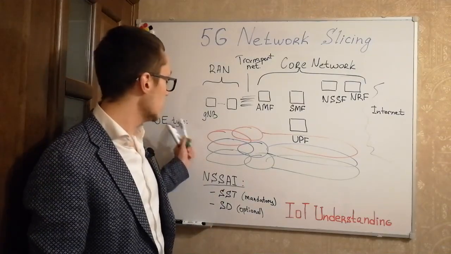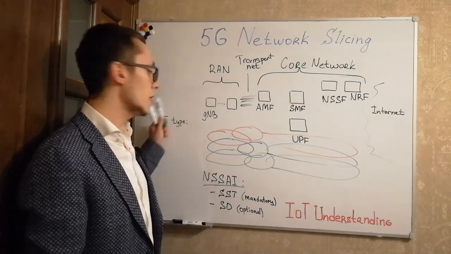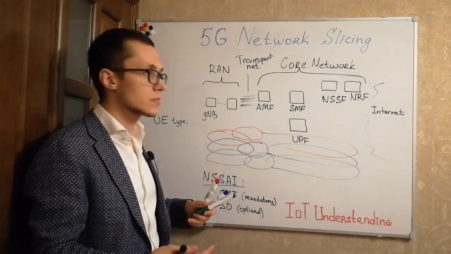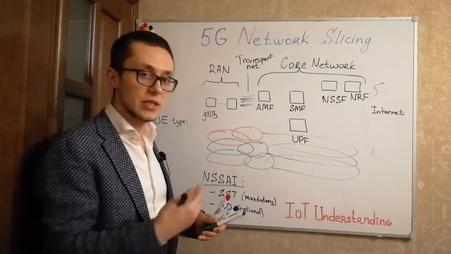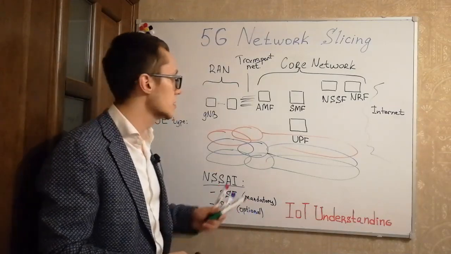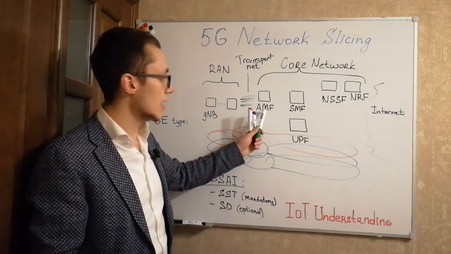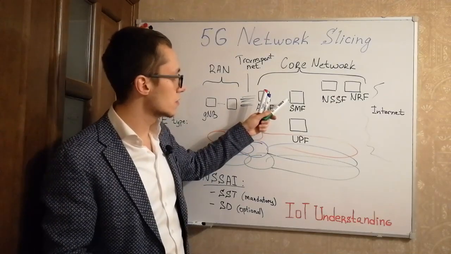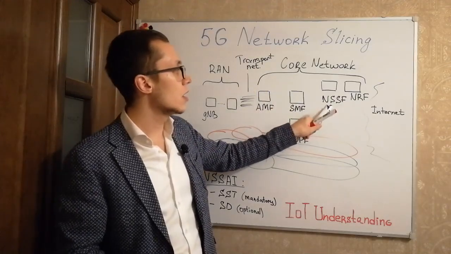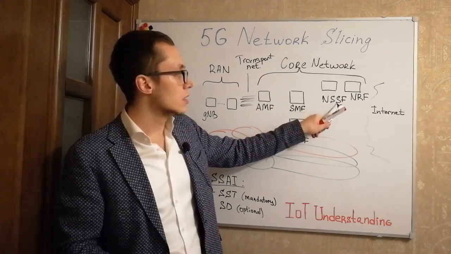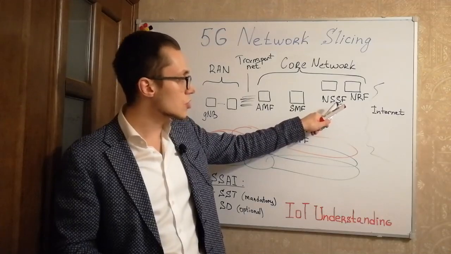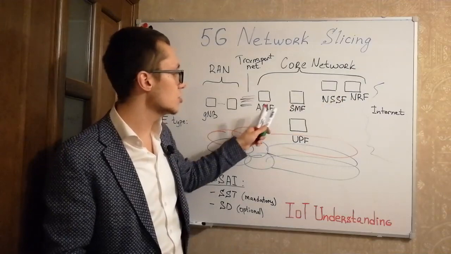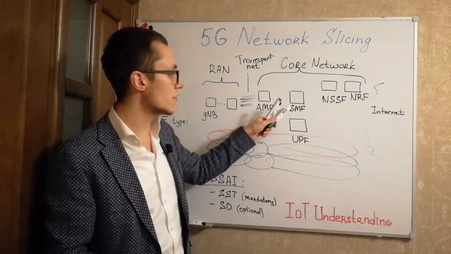So based on this information, based on geographical location, based on some other network capabilities, the AMF, access and mobility management function, selects SMF using information from the network slice selection function and network repository function. Using this information, AMF selects SMF and UPF.